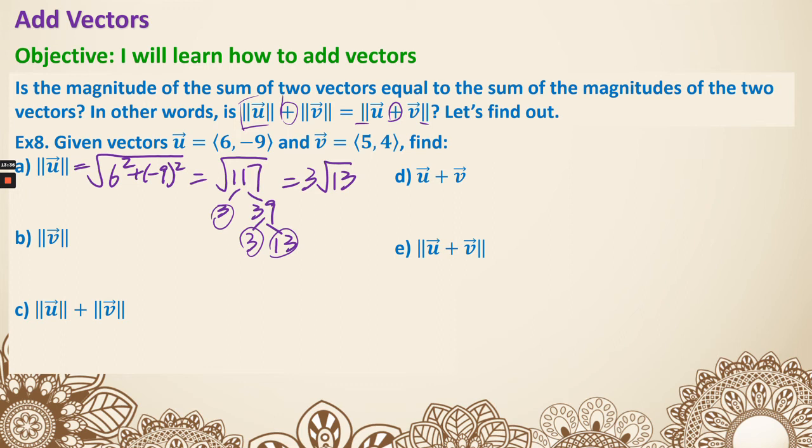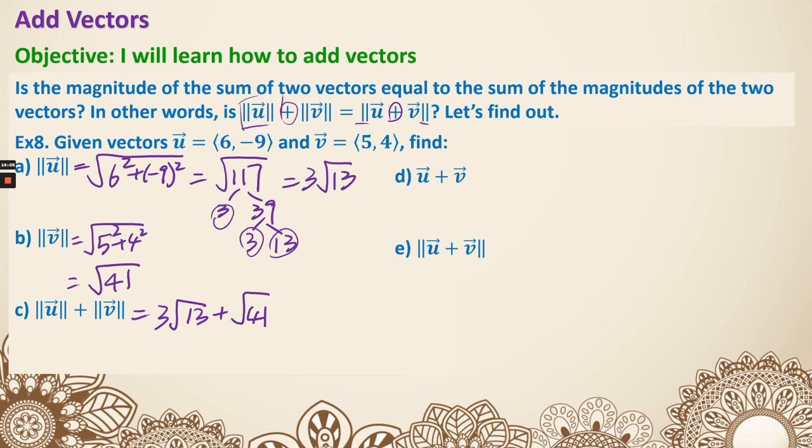Next, the magnitude of vector V is 5 squared plus 4 squared, which is 25 plus 16. So we are going to get the square root of 41. For question C, it is asking us to add the magnitudes together. So 3 square root of 13 plus square root of 41. One thing to mention, you cannot just add the numbers inside the radical and hope it's going to be square root of 54.